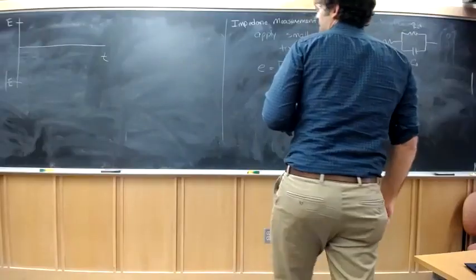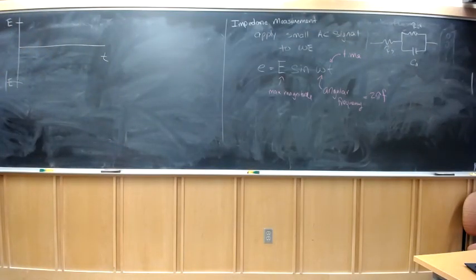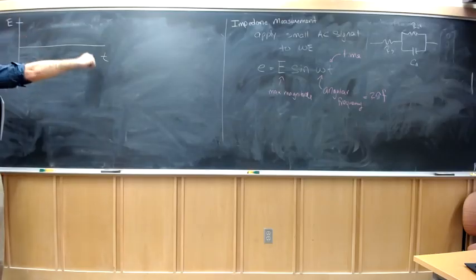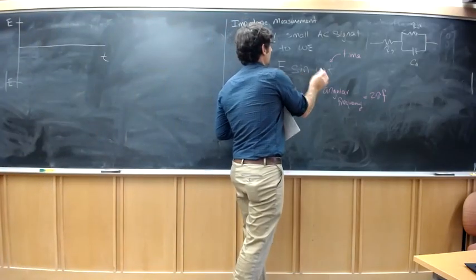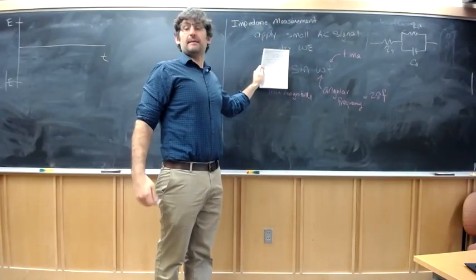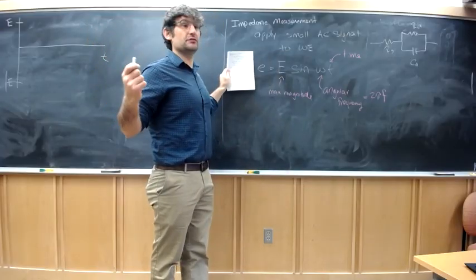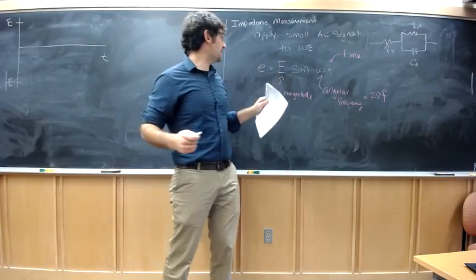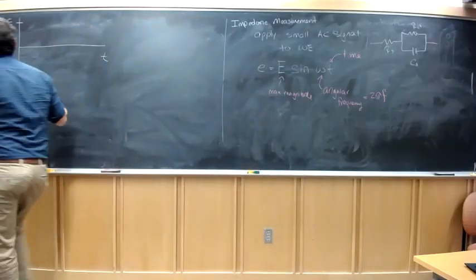And now we need to think about where it is going to cross 0 again, right? Because there's going to be a positive and a negative lobe. Now, a sine wave, what's the maximum amplitude of just the sine part of this? Maximum value you can take is 1, right? So the maximum value of this function is what? E. The minimum value is what? Negative E. Sine wave is going to be 0 where?